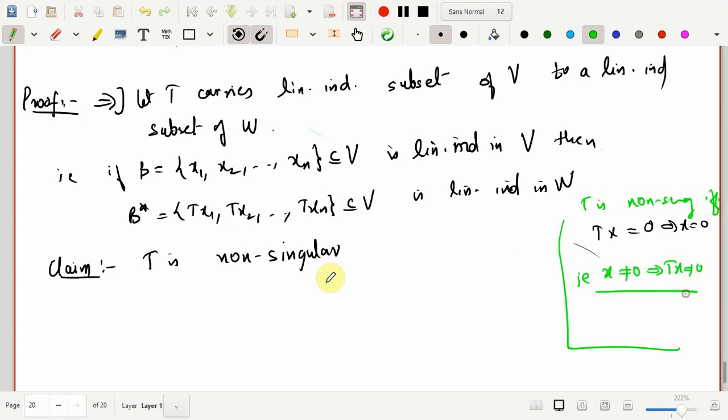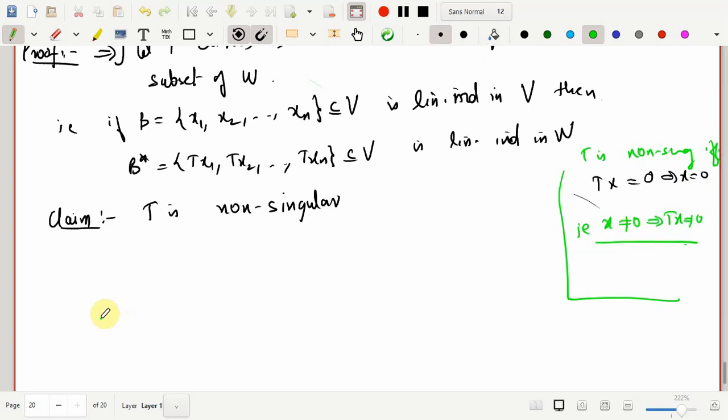Okay, so let's prove this. Let x be a point in V such that x is non-zero. To show that T is non-singular, I just have to show that Tx is non-zero.